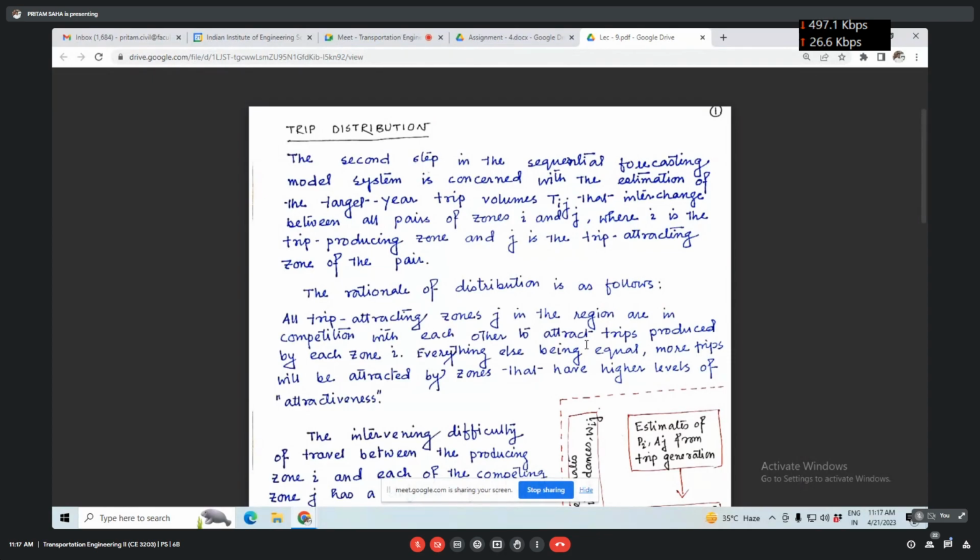So IIST Sirpur is the place where trip is being generated or produced, and Avani Mall is a place where trip is being attracted. South City Mall is a place where trip is being attracted. So the attractiveness of those areas and the impedance between these areas will influence your trip interchange, TIJ, the trip between zone I and zone J.